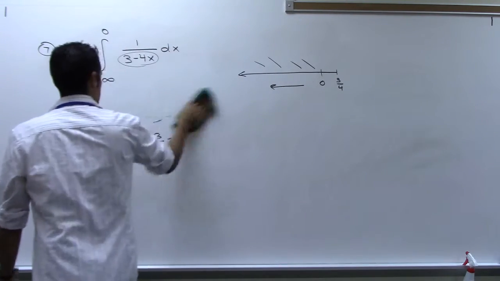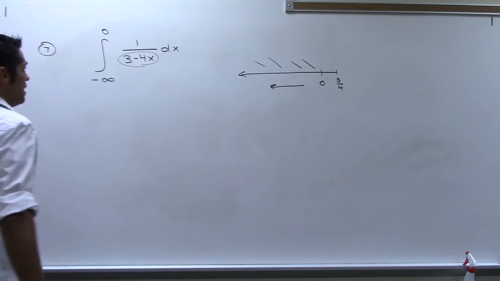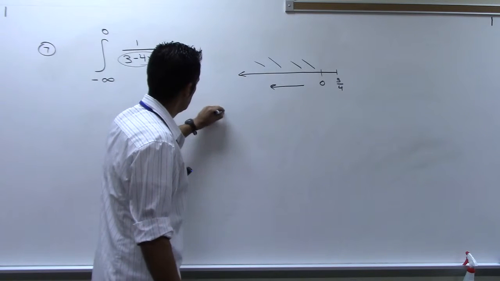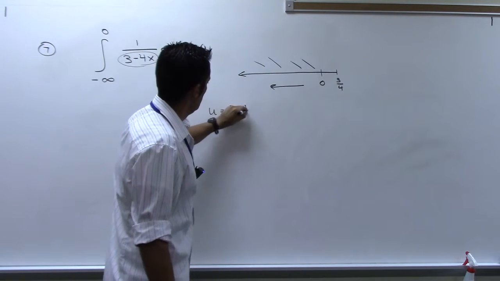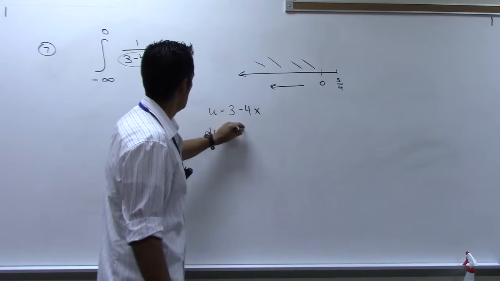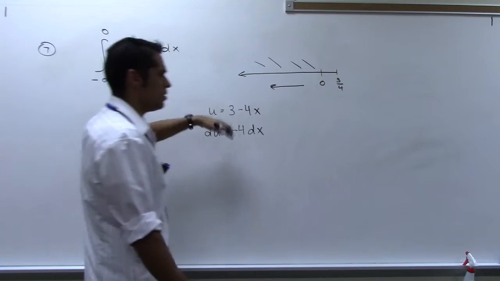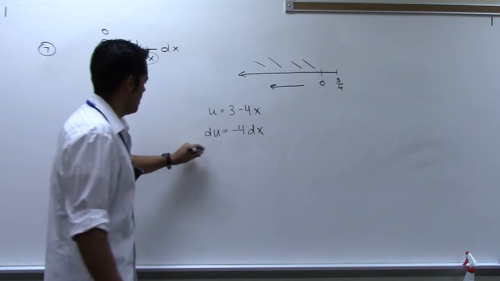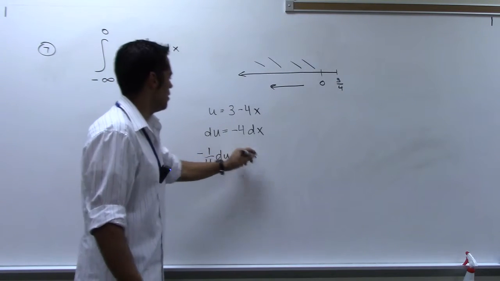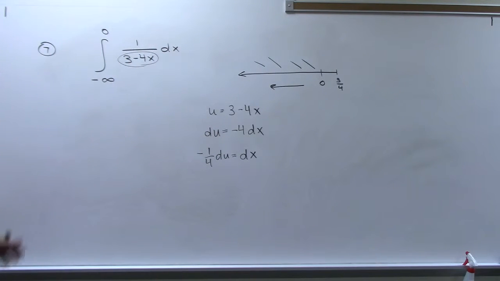All right, so next thing to do would be to actually determine the antiderivative of this. I'm not going to go through the work, but if you made a substitution, u is equal to 3 minus 4x, du would be -4 dx, and then you could scale, -1/4 du is dx, and then you rewrite this and what you would get is this.